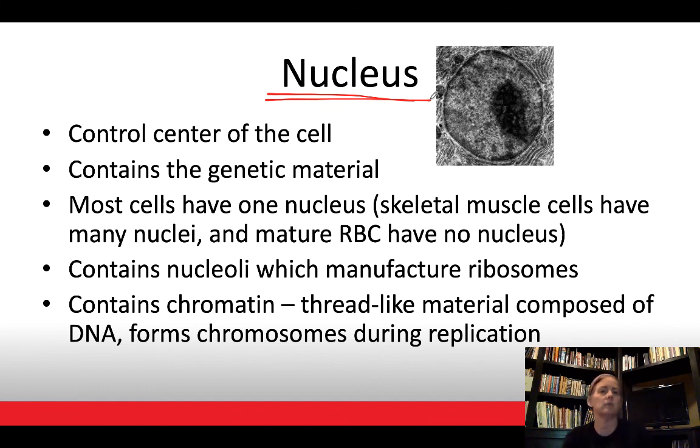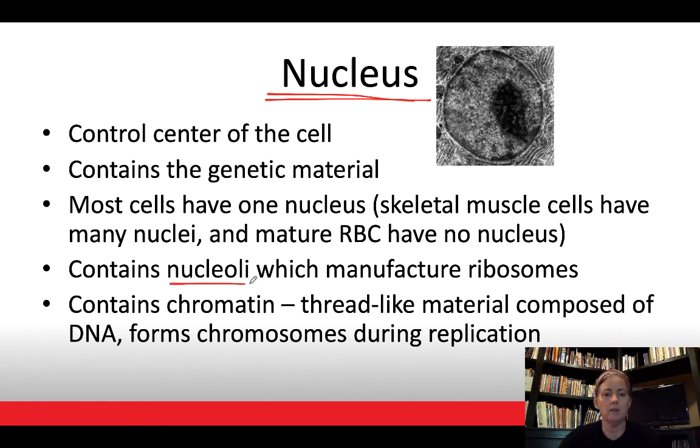There are other examples of mature cells that actually have no nucleus. So red blood cells have no nucleus, and that's why they have a lifespan of like 90 days, and they don't reproduce. And so once they die, that's it, and we have to make new ones.